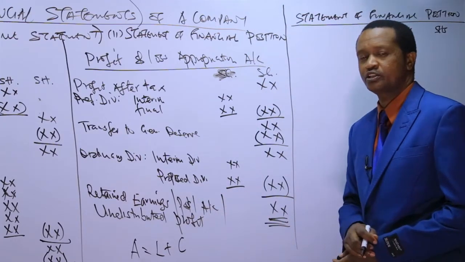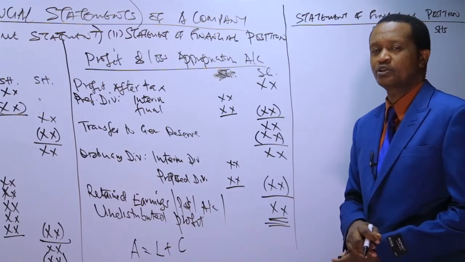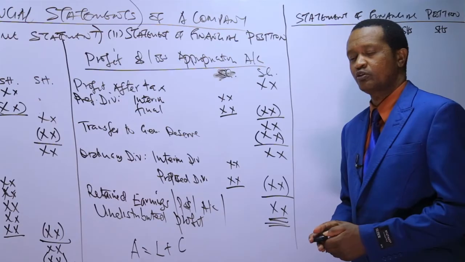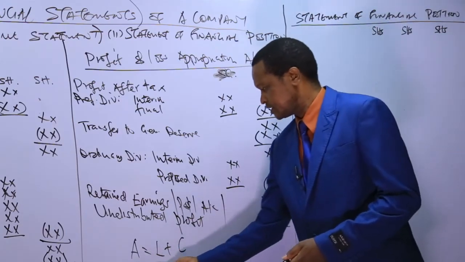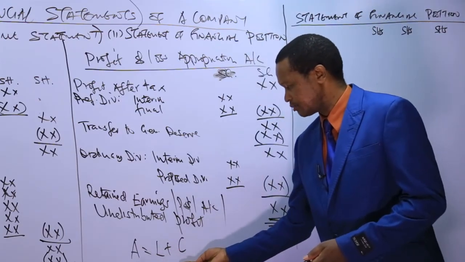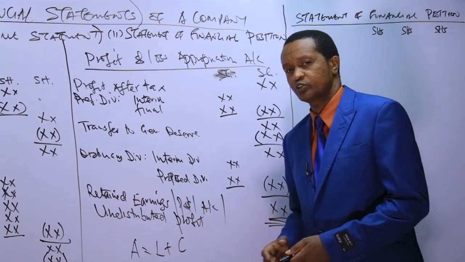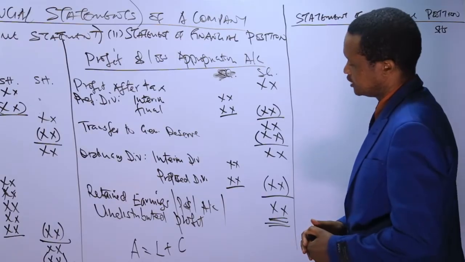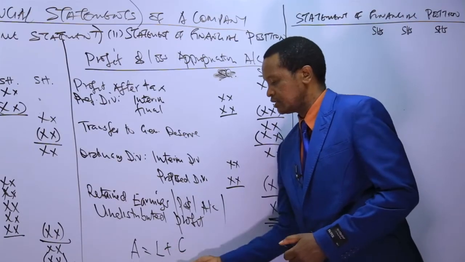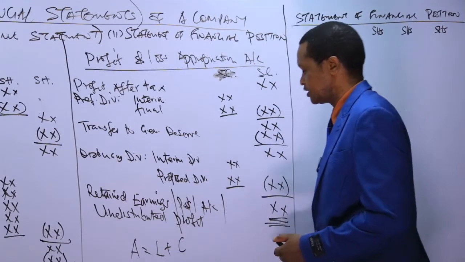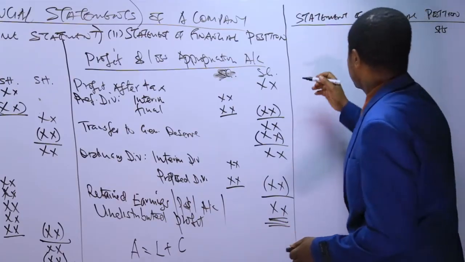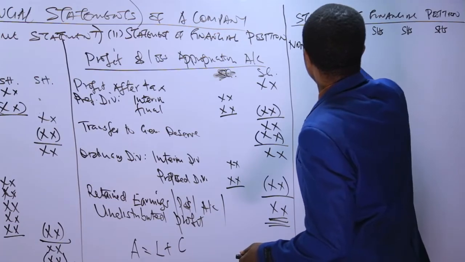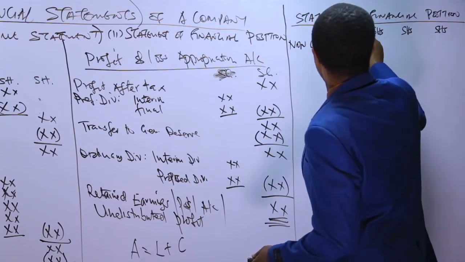So a balance sheet, or a statement of financial position, is simply a record of the assets and liabilities and capital of an organization. It is a statement that shows the assets, liabilities, and capital. So first, we can have the non-current assets.